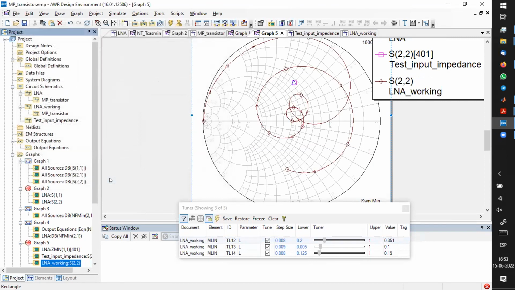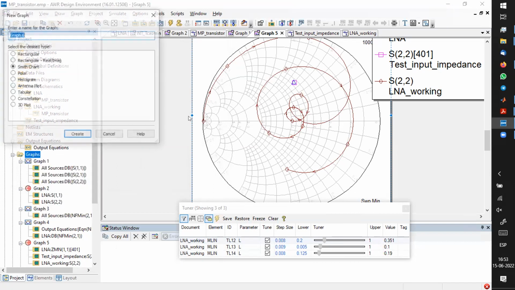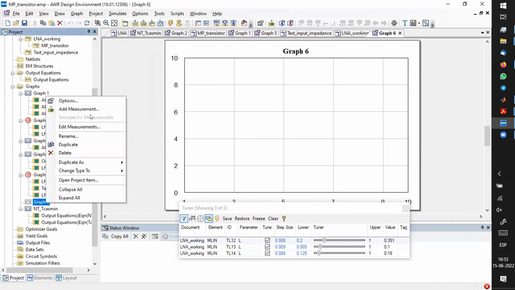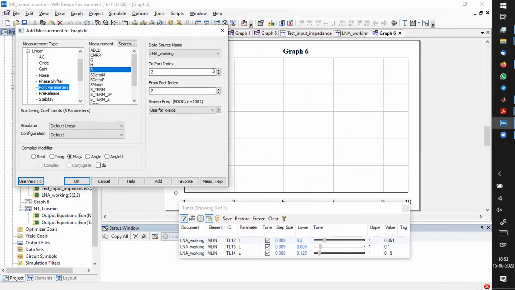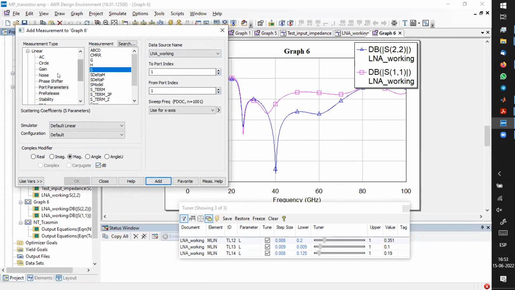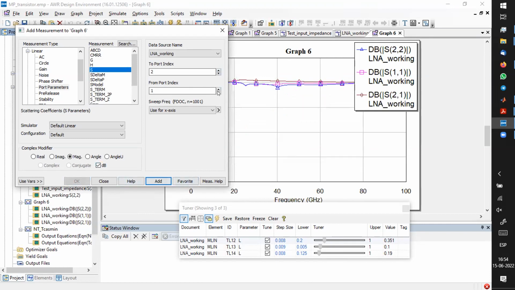So can we plot on a dB scale, rectangular, S21, S11, S22, and noise? It's scaling.